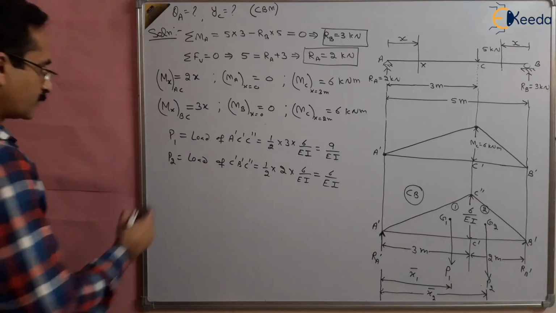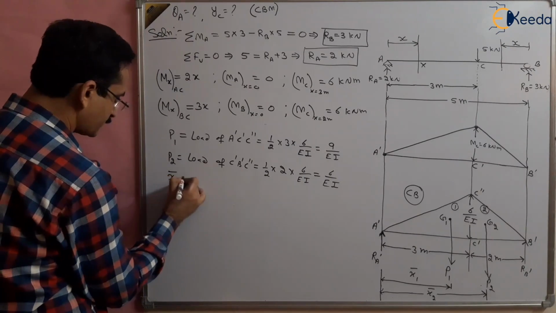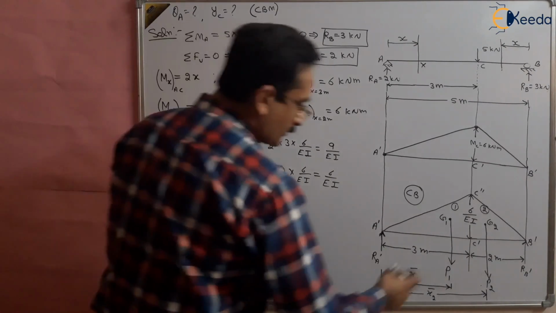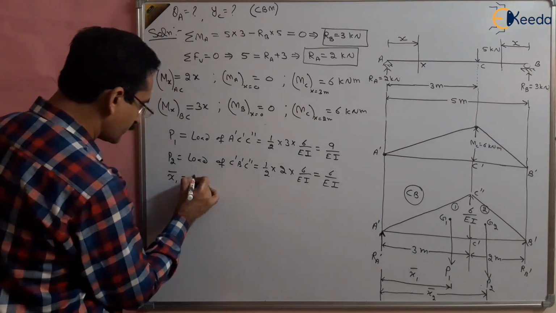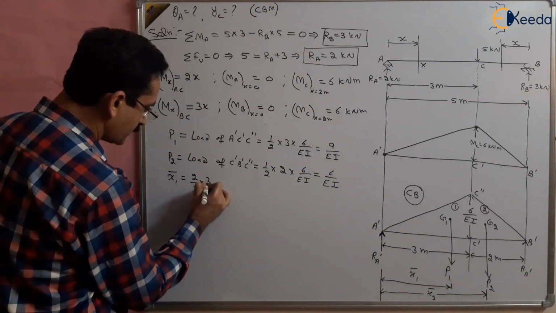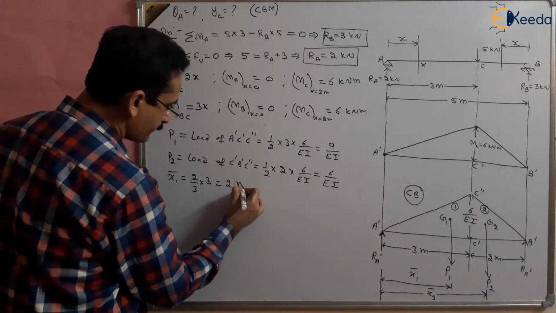So what is x1 bar? Because it is measured from the vertex, it is 2/3 of the total distance, which is equal to 2 meters.